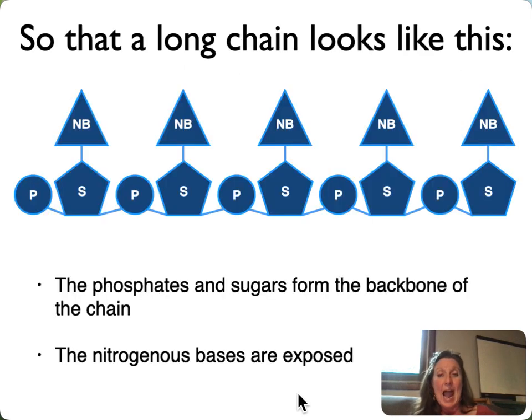So what we have in the end is a long chain that looks like this: phosphate, sugar, phosphate, sugar, phosphate, sugar, and so on, where they're all attached to each other, and then the nitrogenous bases are exposed. So we call this the phosphate sugar backbone. It forms the vertical support of the ladder. And the rungs of the ladder, or half of the ladder, are the nitrogenous bases.